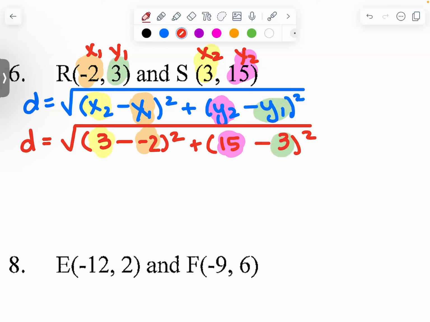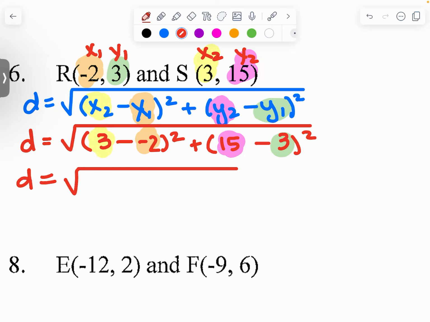Okay, now here's where we need to be really careful. Do you remember back, one of the very first things we did in the whole year is we talked about how to add and subtract integers without a calculator. Still doing that. So 3 minus -2. What is it? 1.